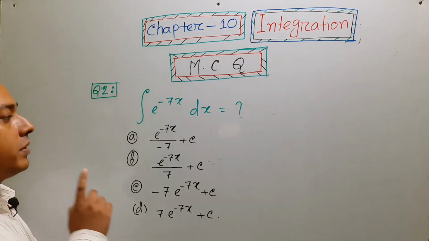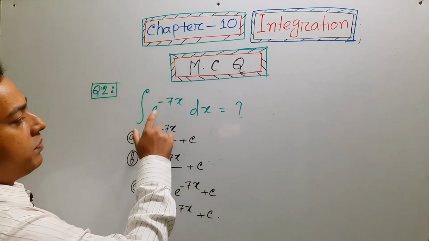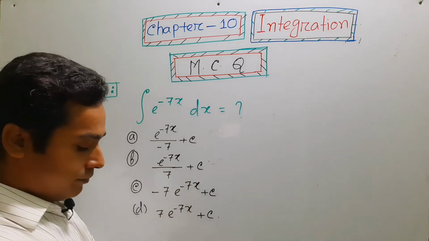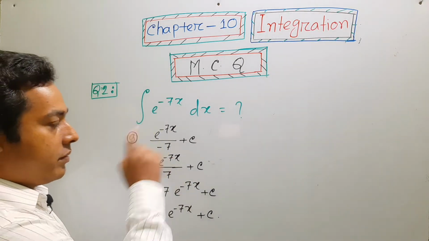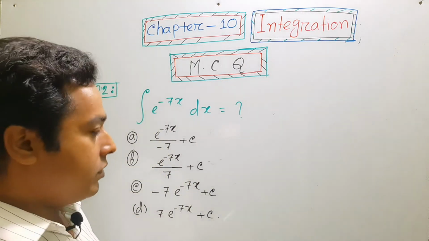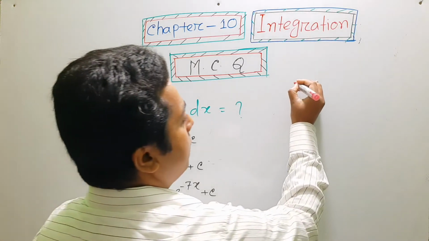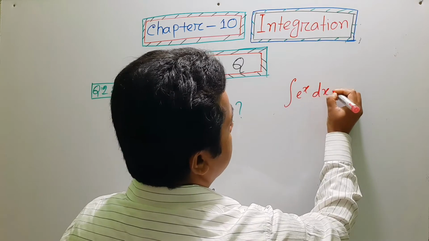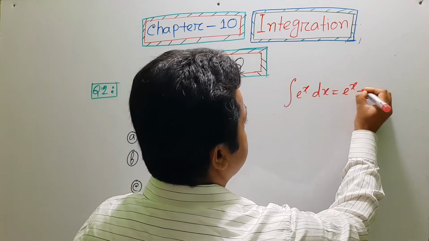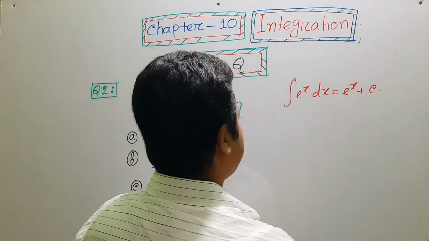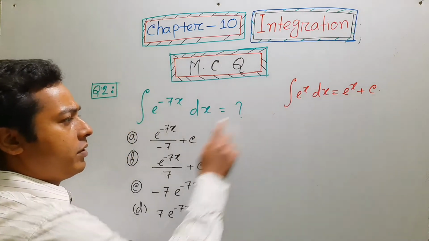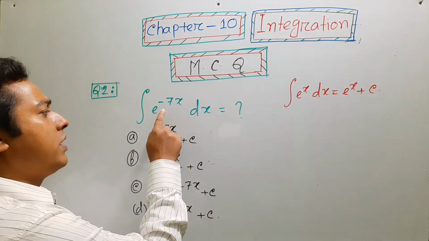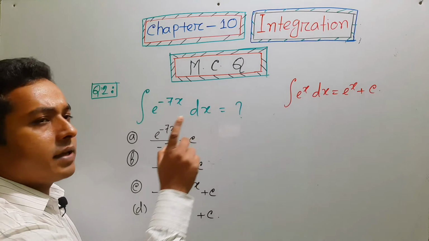Now question number 2, integration of e to the power minus 7x dx. Before solving this question, you have to know integration of e to the power x dx is equal to e to the power x plus c. According to this formula, just consider minus 7x as x.